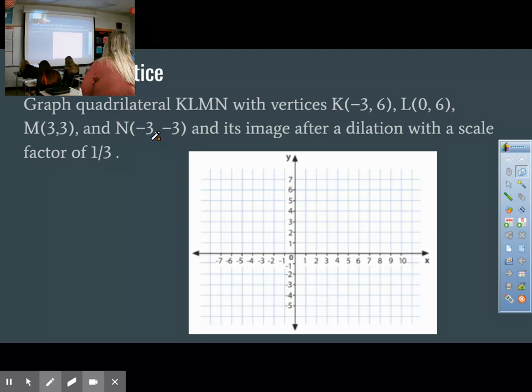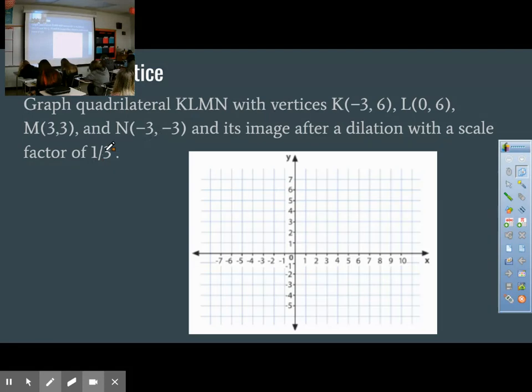Notice you're going to have to fill in that 1/3 on your paper. First you're going to graph the original: (-3, 6), L is (0, 6), (3, 3), and (-3, -3).